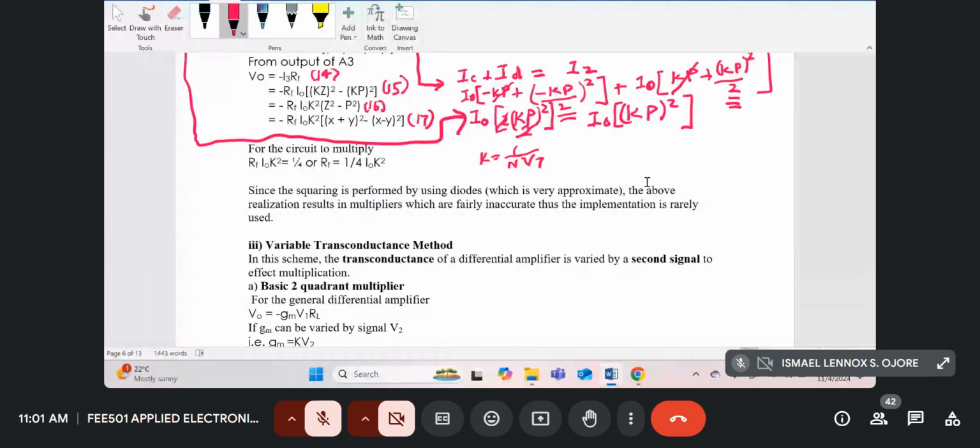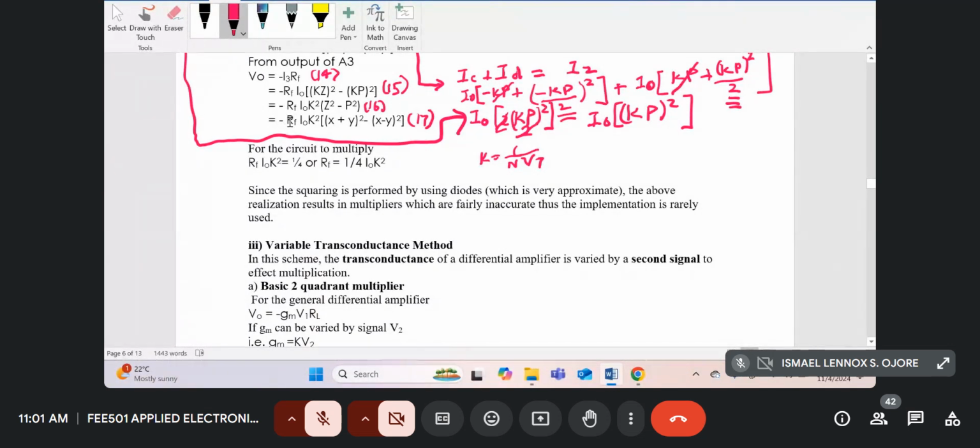Now we got to compare the expression on the right to the expression of the identity. So I've said for this circuit to multiply, the minus sign just means that the voltage has been inverted.